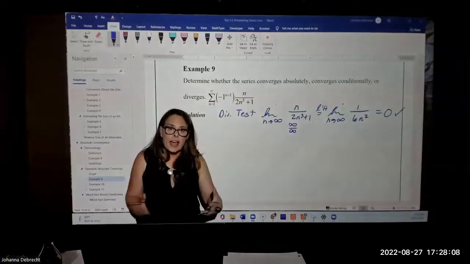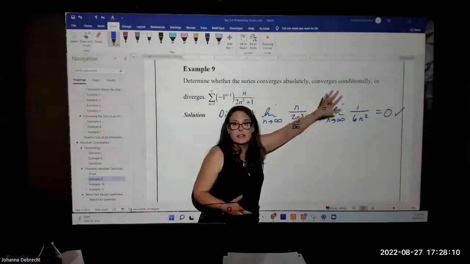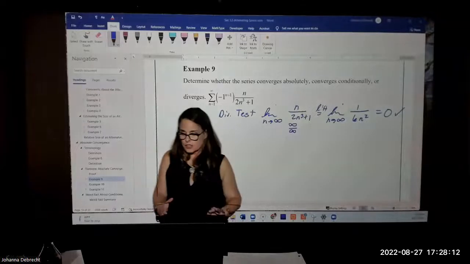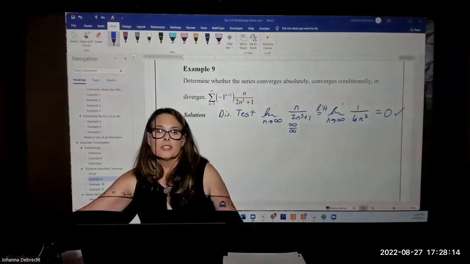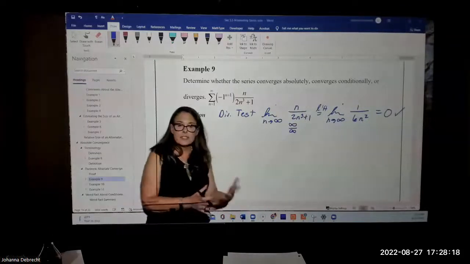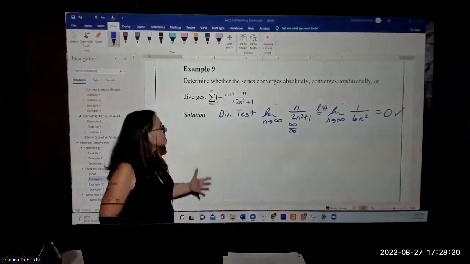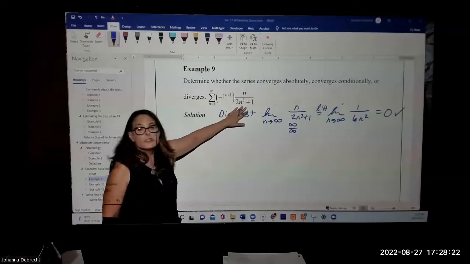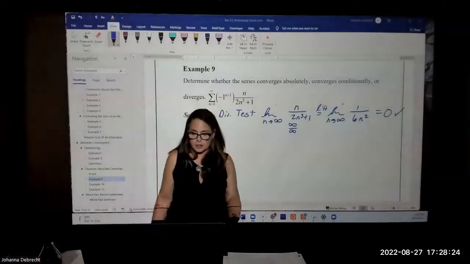Because if we have absolute, we automatically have conditional convergence as well, or convergence of the series with the original values of the signs, the plus and the minus. So we're going to try to prove that it is absolutely convergent.